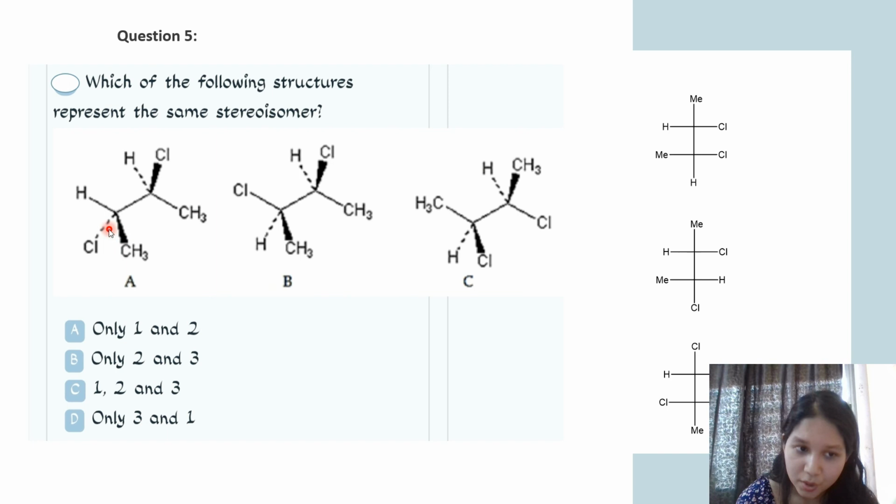For the center, we have methyl this way and chlorine this way, and this chlorine was parallel to this methyl, so this chlorine and this methyl will be on the same side, and this hydrogen and this chlorine will be on the same side.